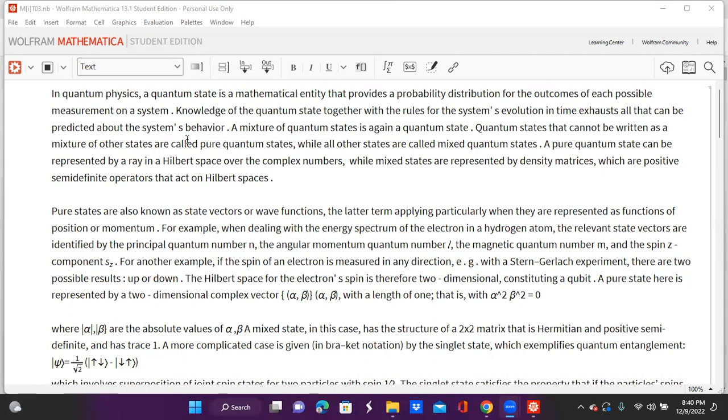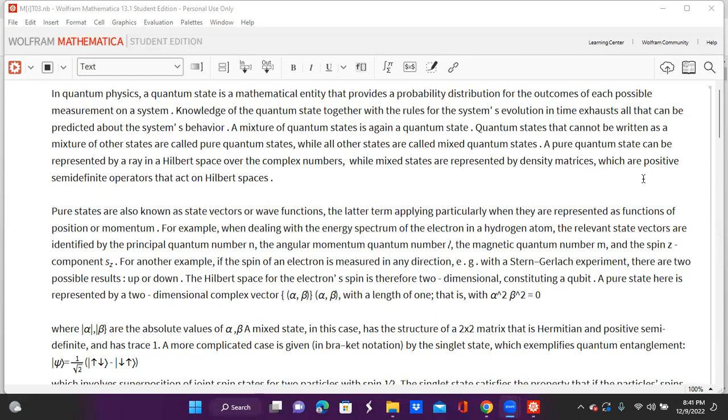Knowledge of the quantum state together with rules for the system's evolution in time exhausts all that can be predicted about the system's behavior. A mixture of quantum states is again a quantum state. Quantum states that cannot be written as a mixture of other states are called pure quantum states, while all other states are called mixed quantum states.